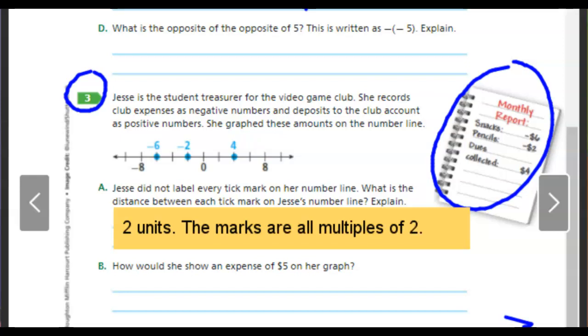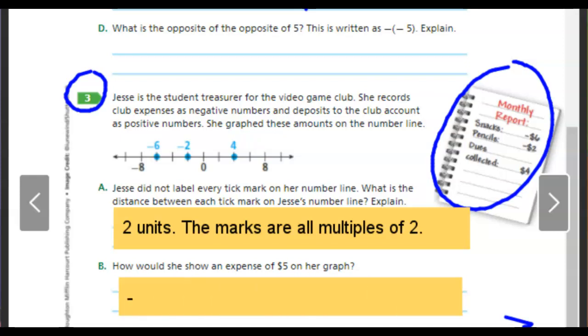And let's look down at B. How would she show an expense of $5 on her graph? So an expense of $5 means that I spent $5, and that would be negative. So how would she show that on her graph?